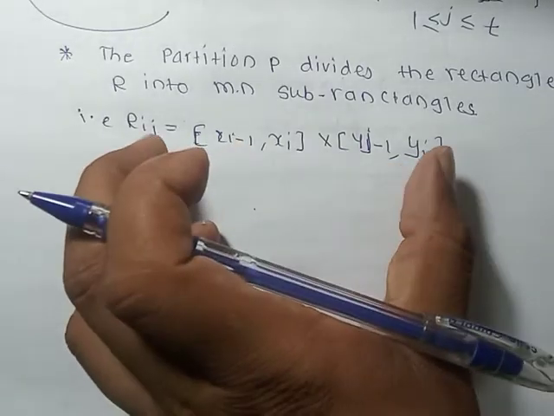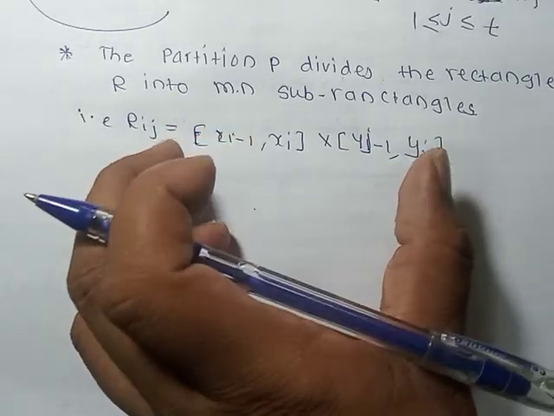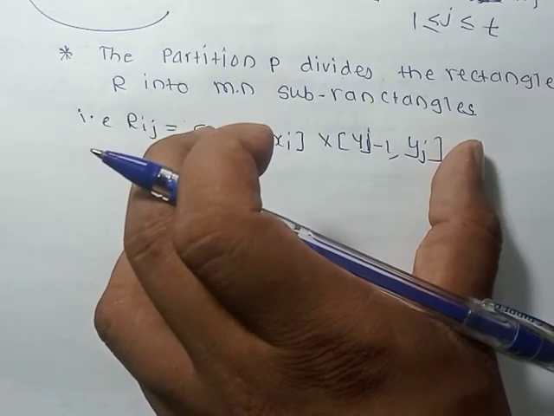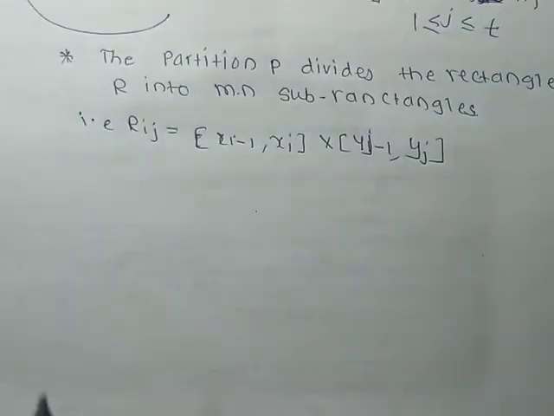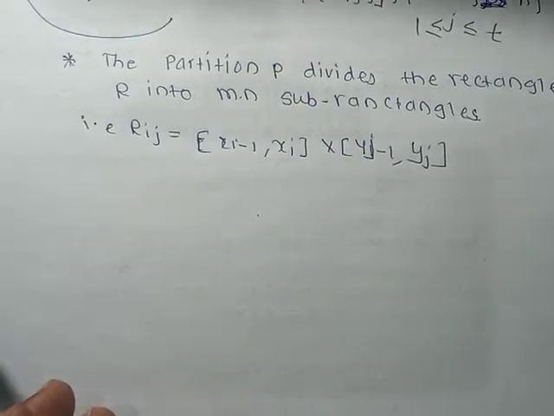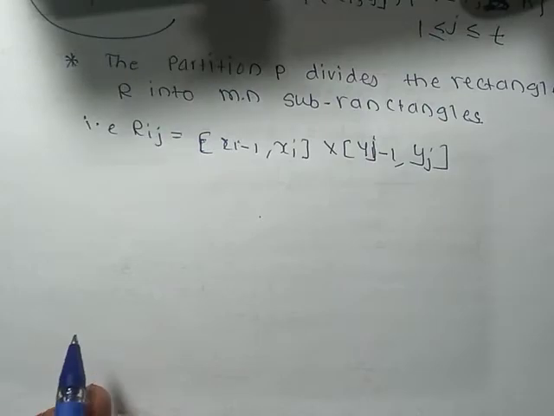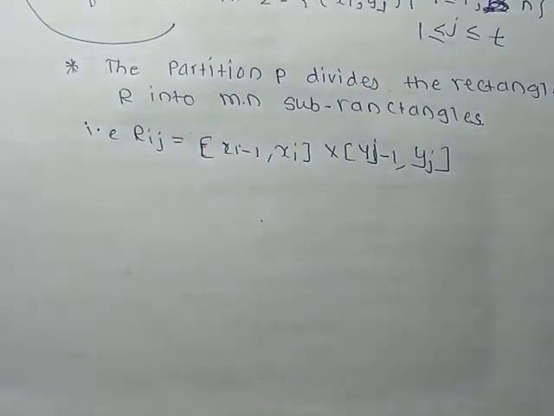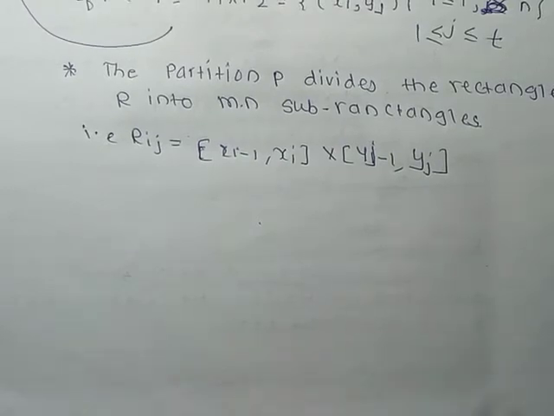These are the sub rectangles, which are members of our original rectangle, the closed interval [a, b] cross the closed interval [c, d].